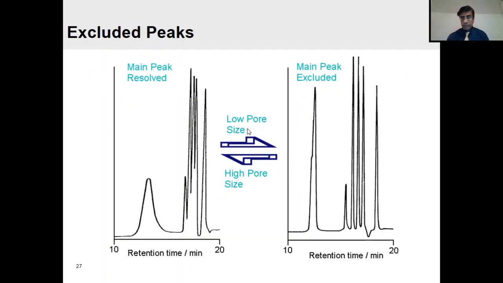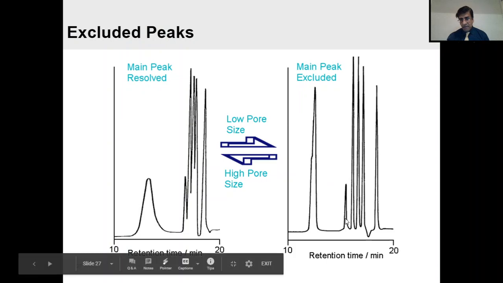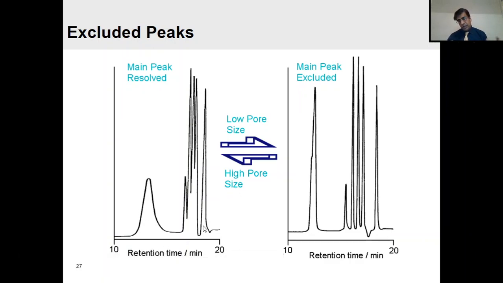If you have a smaller pore size, then the peak will be thin, sharp and nicely eluted. On the other hand, if the pore size is big, then you have a broader peak. So it is always better to use a column with a lower pore size, and that will give you a better separation result compared to a column with a larger pore size.